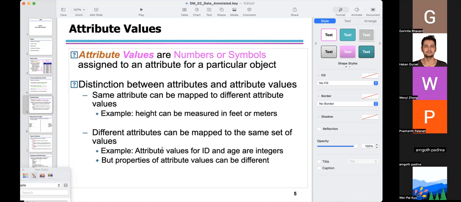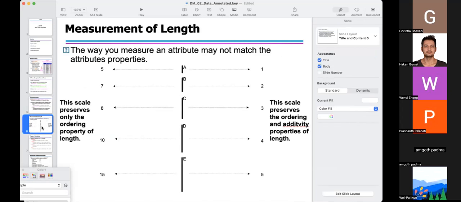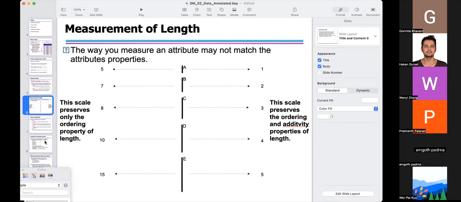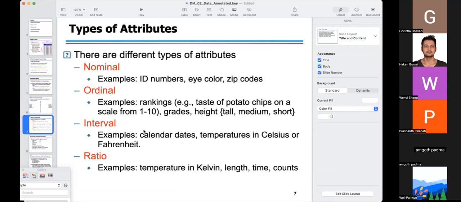Different attributes can be mapped to the same type of values. For example, attribute values for ID and age are integers, but properties of the values would be different. So what types they are?